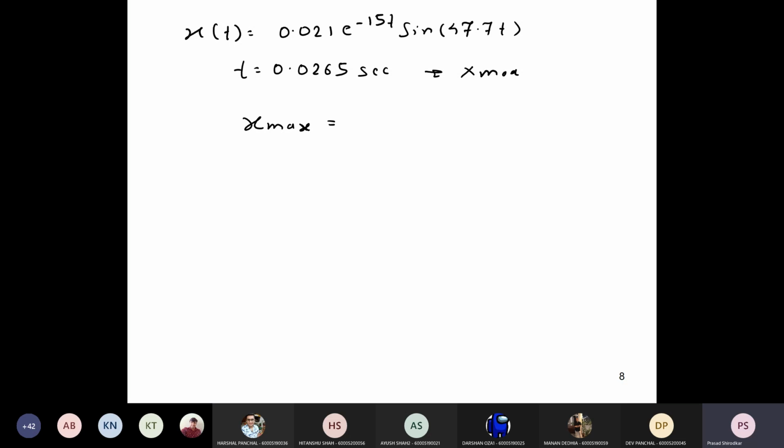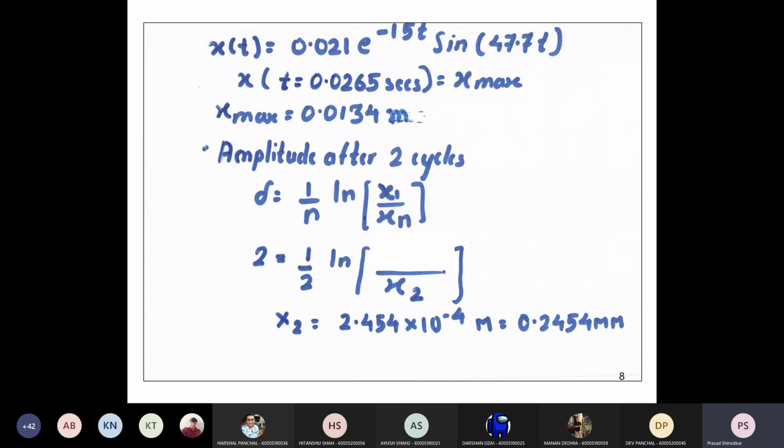All right. So I hope that's all. So the correct answer, after I substitute t is equal to 0.0265, will give you x max, and x max is 0.0134. So I think someone has got that answer. Okay. Yes. So then next you have to find the amplitude after 2 cycles.